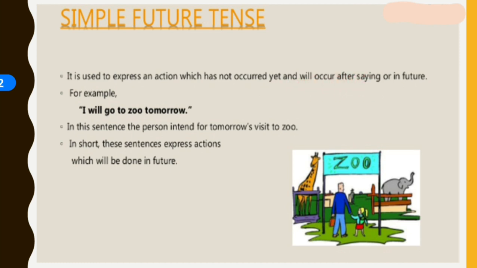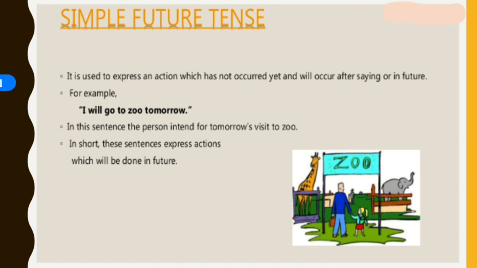Children, when we say something, whatever happens after that, that means it is the future. Right? For example, I am saying that we are learning simple future tense. This is in present continuous tense. Now, after saying this, I will teach you about the structure of simple future tense.